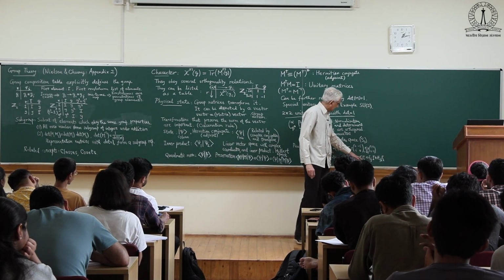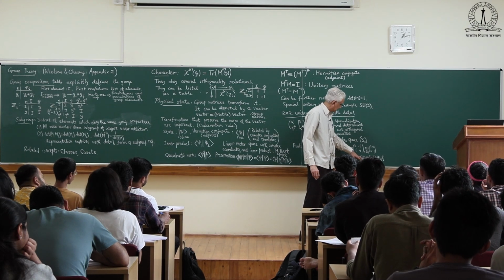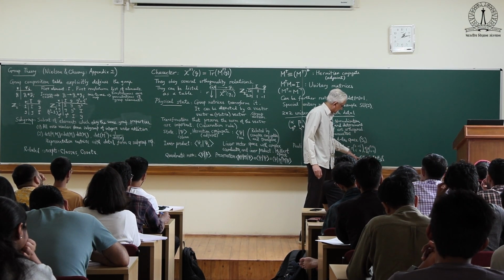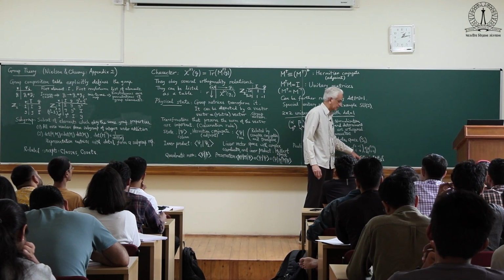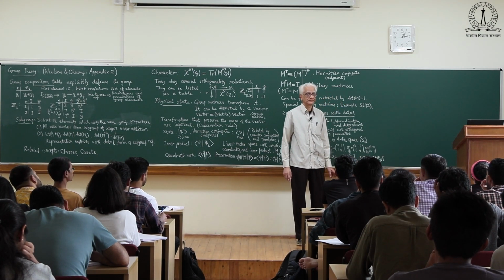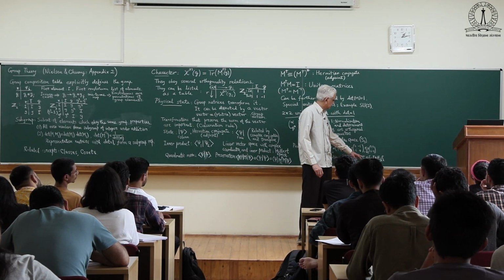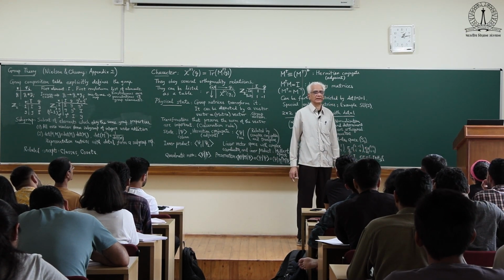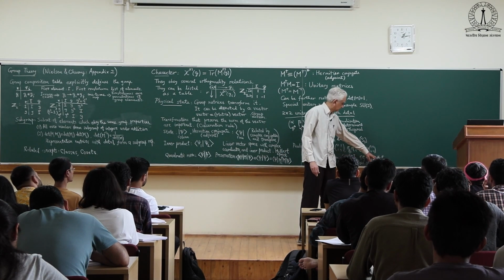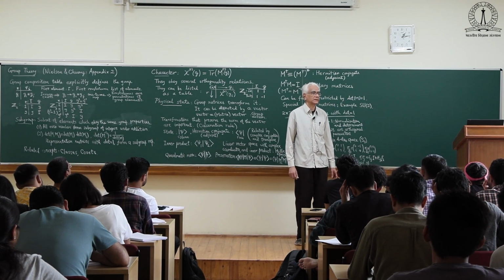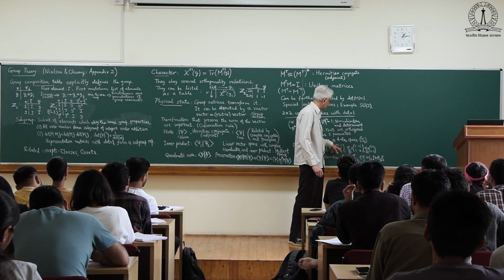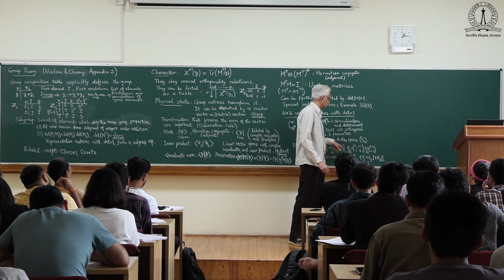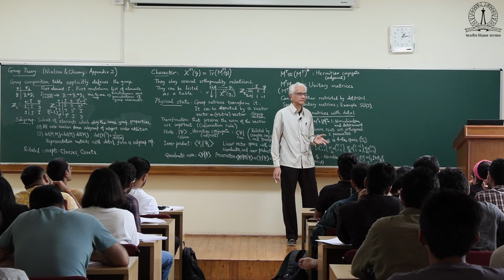That means if the indices are not equal, the epsilon symbol tells you that the matrices are going to anti-commute, which is sigma i sigma j equal to minus sigma j sigma i, and that you can easily verify. You multiply this with this, and the reverse order, you will get opposite signs.